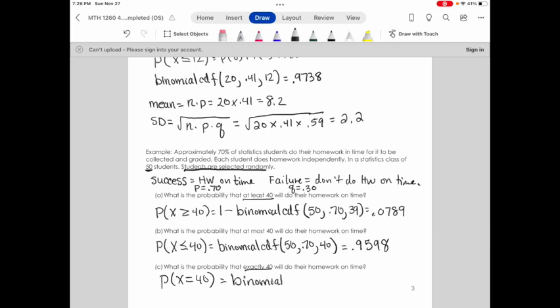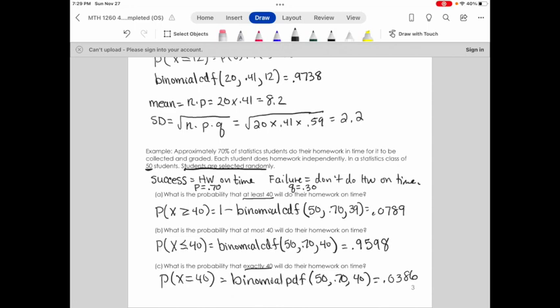So we're going to do binomial PDF, and I'm going to put in 50, 0.70, and 40. And when I put that in on the calculator, I'm going to get 0.0386. So you should check it and make sure you get the same value.